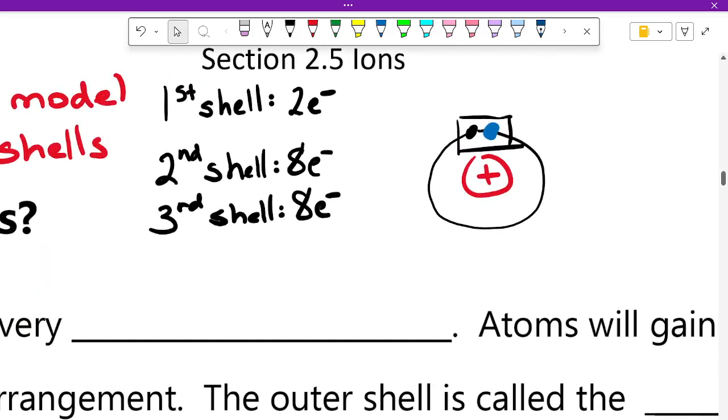Grade 9, 14, 15. Oh, that's right, because we're in the new part of the year.